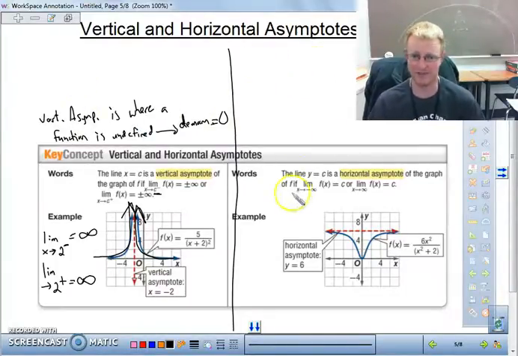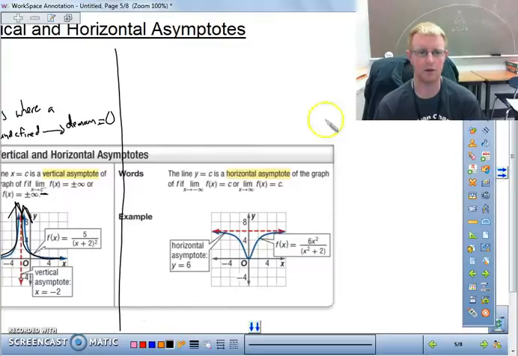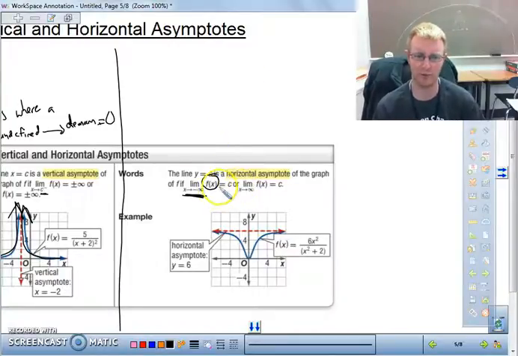Horizontal asymptote is a little bit different and a little bit more tricky. So what I want to do is we're going to give some rules here. So first of all, the horizontal asymptote in terms of calculus, it is as your x goes to infinity, what does your f of x go to? So the end behaviors we did before, we talked a lot about whether it goes to infinity or negative infinity. Well, if that's the case, there is no horizontal asymptote.